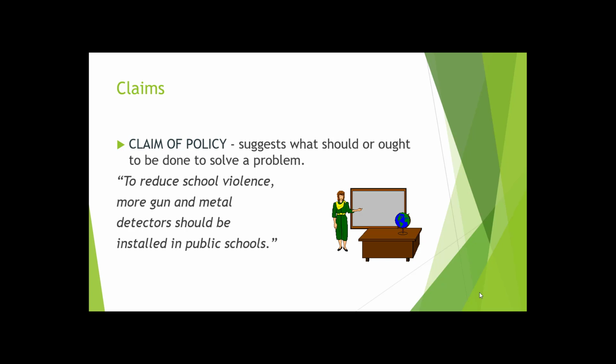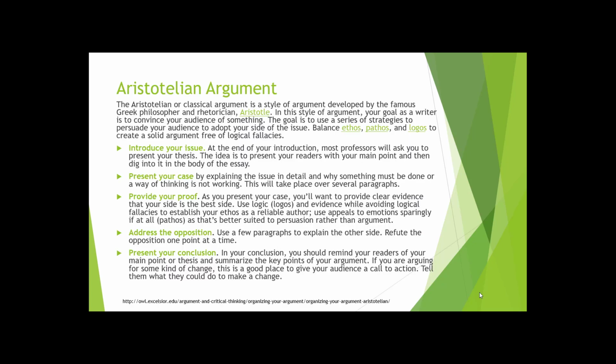And it is something about which reasonable people might disagree. It's something that could be solved using other means, right? There are other ways that we can reduce school violence than just this one proposed solution, right? So there's your three types of claims: fact, value, and policy.